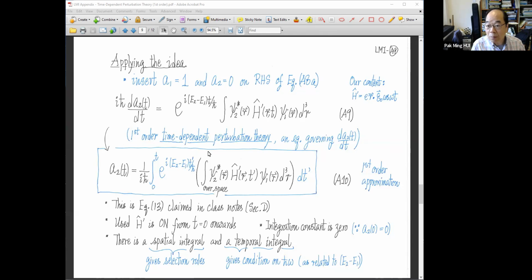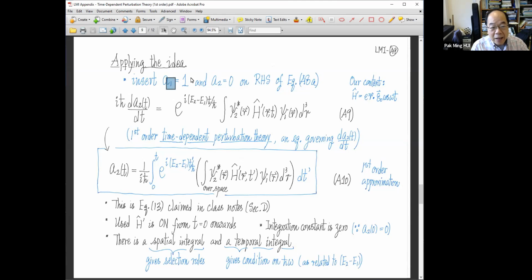Just recap the most important result in Tuesday's class. We developed the first order time-dependent perturbation theory. The question was, I have an atom. Initially, it is in an initial state that I call 1.